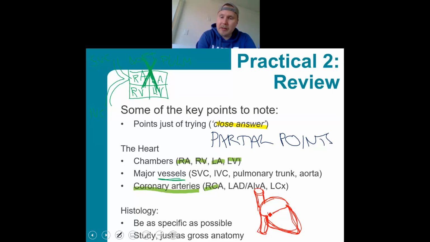What else could we see? We could see our pulmonary trunk dividing to right and left, and we can see our aorta, which is going to loop here and continue to the rest of the body. So there's a pretty good sketch of the heart.